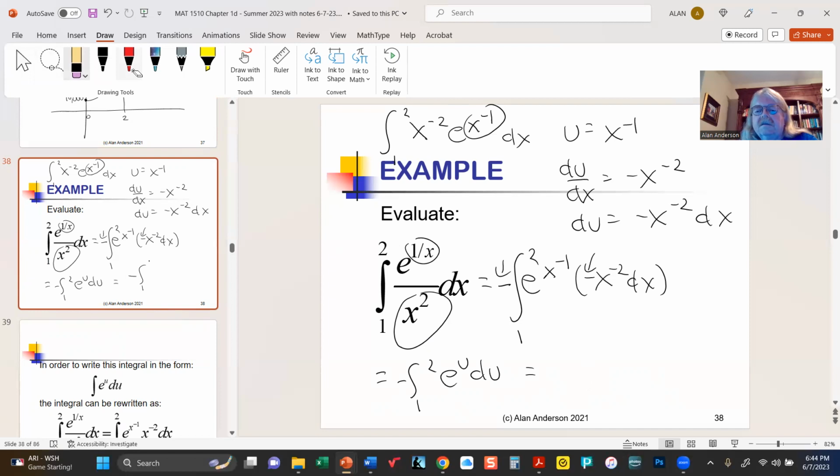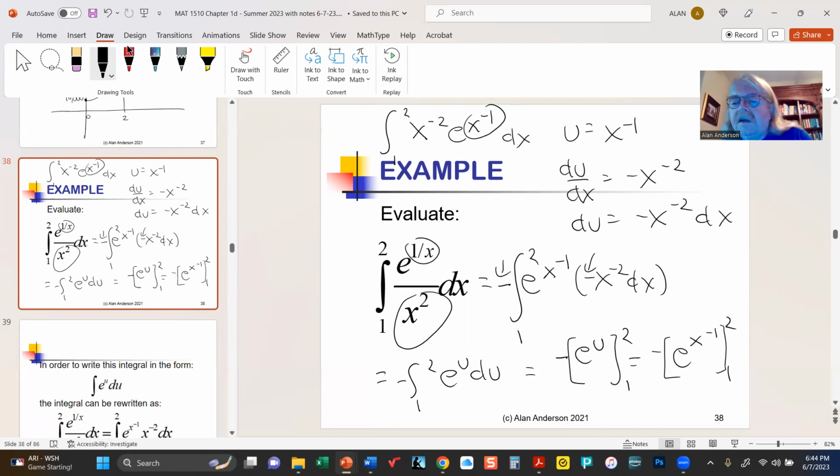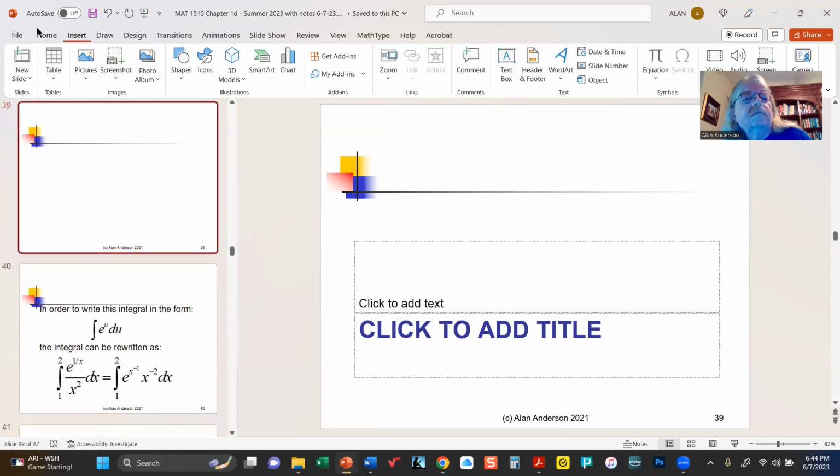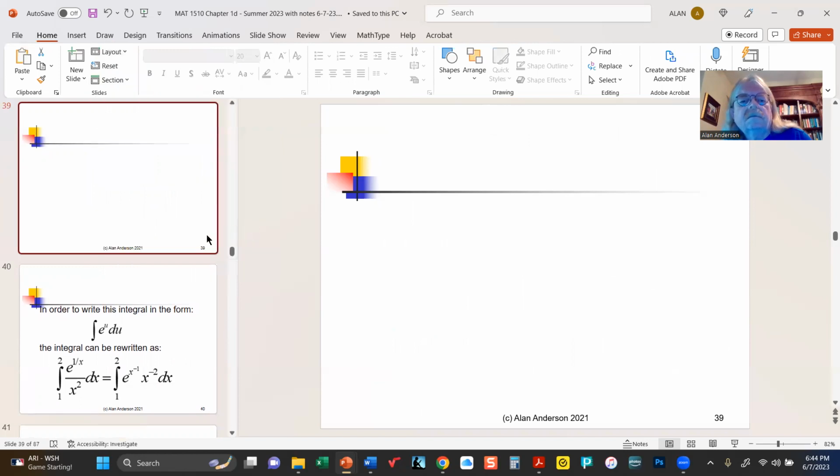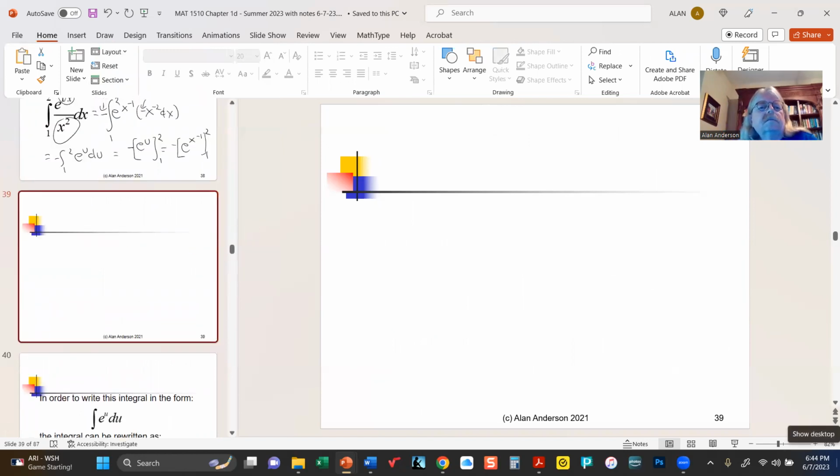So we have, okay, let's substitute. For this, I tell you what, it might be a little bit easier to rewrite this as 1 over x.